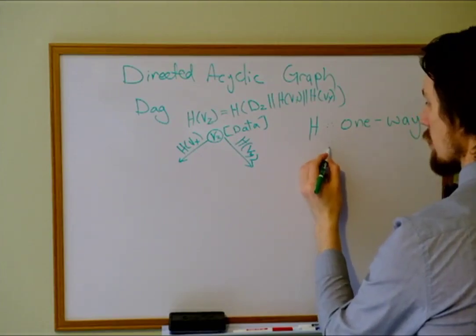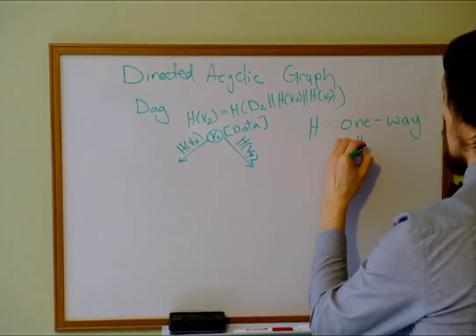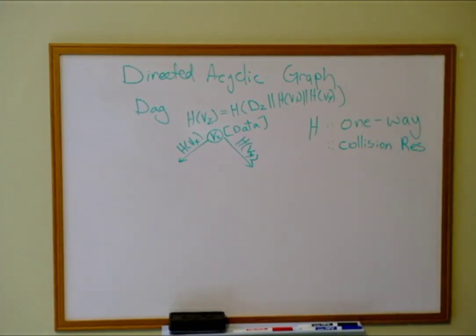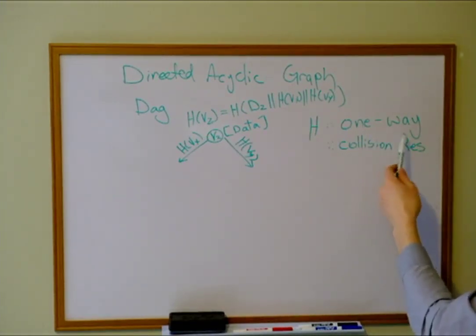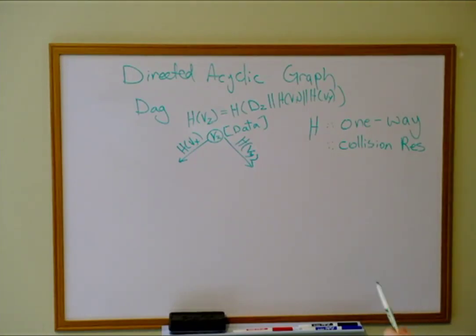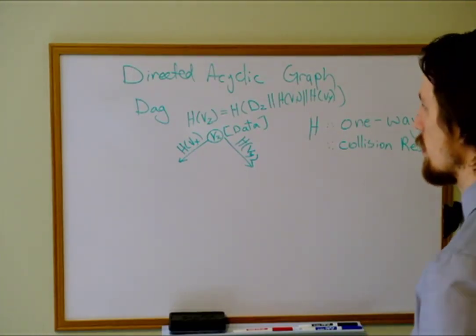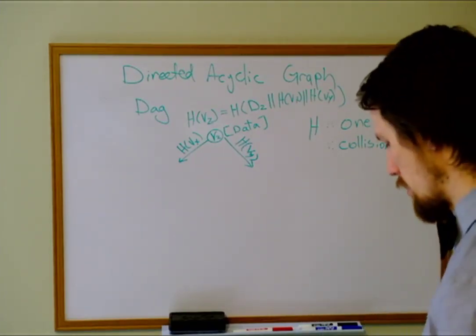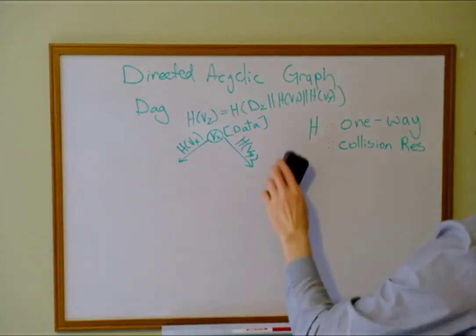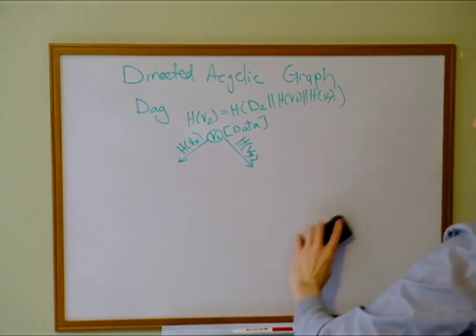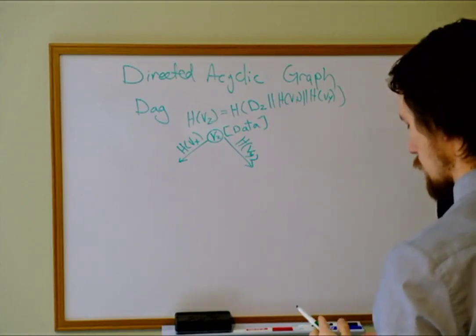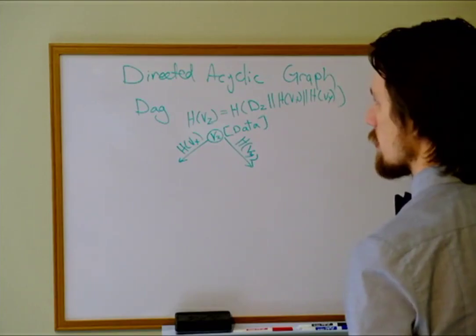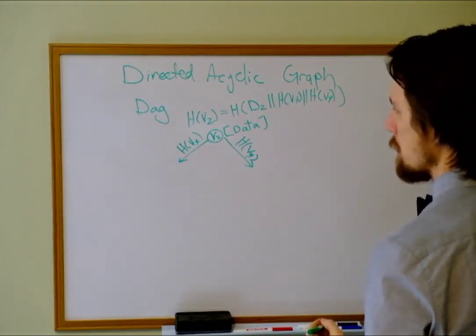That's not one way, that's also collision resistant. So long as it has one-wayness and collision resistance, any hash function should be sufficient, and it just has to be commonly used by all of the parties. Okay, so this is a vertex. This is the IOTA case.